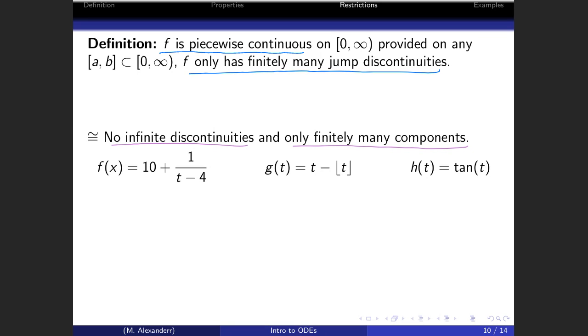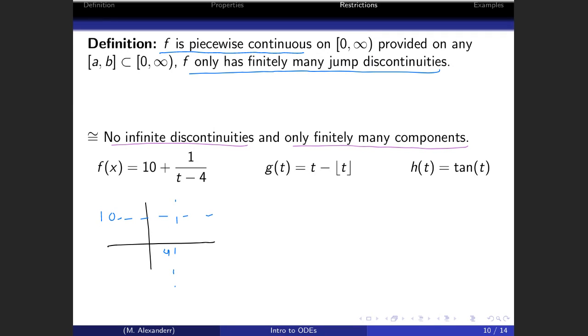So let me just draw them, that way you have them in mind. The first function, the graph of this will look something like this. Okay, so this is y equal to 10, and then x is equal to 4, and then the graph of the function looks something like this.